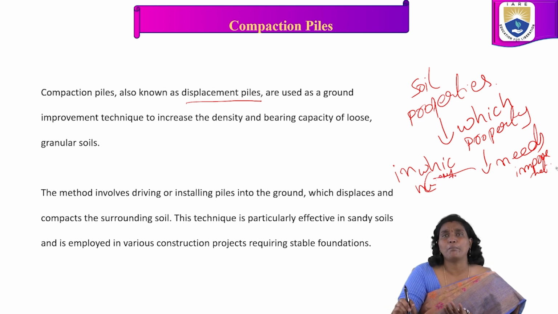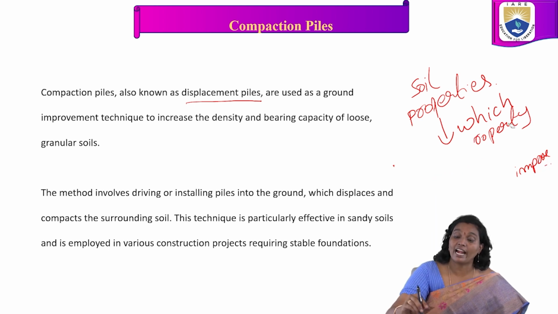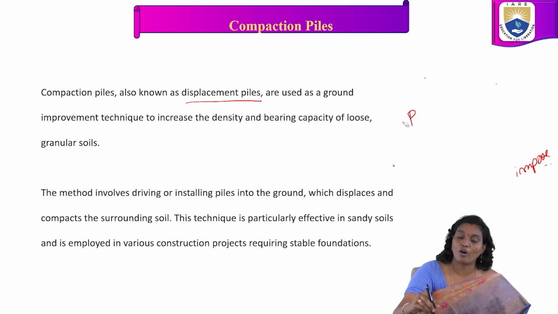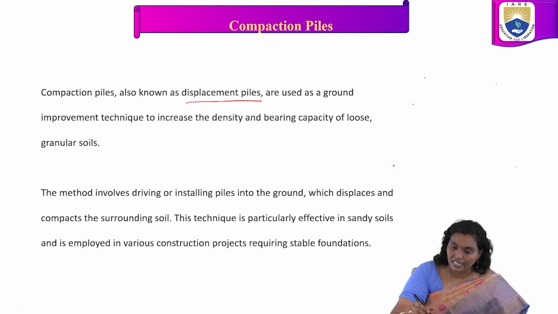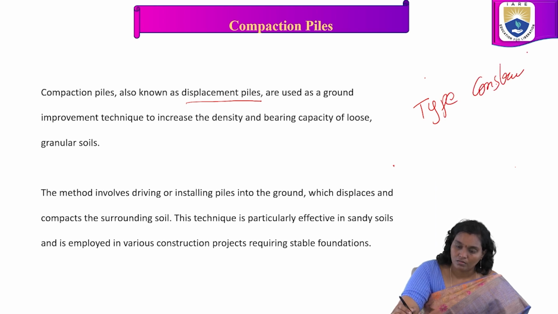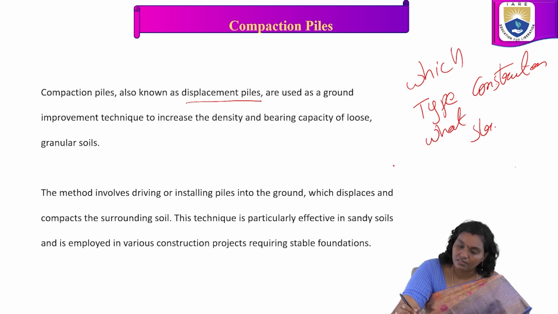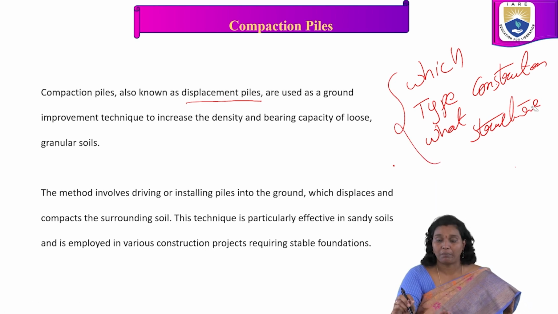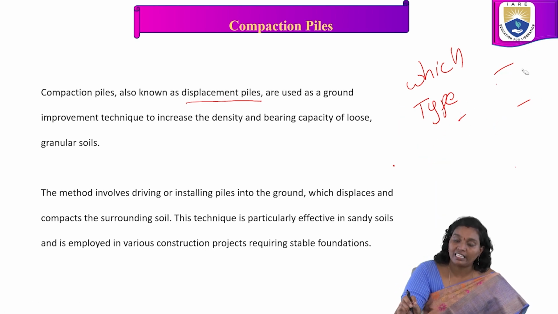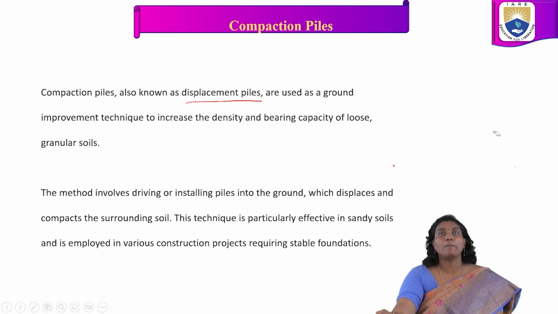Also, based on the type of construction, which type of project, and what type of structure, these are all the parameters we have to keep in mind at the time of designing. As a civil engineer, we have to understand all the parameters.